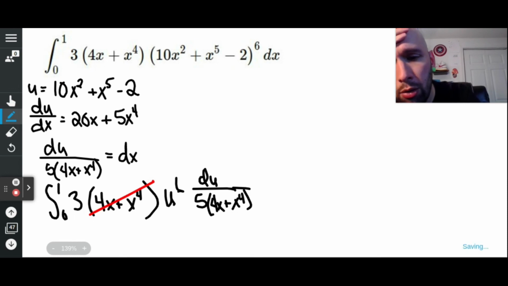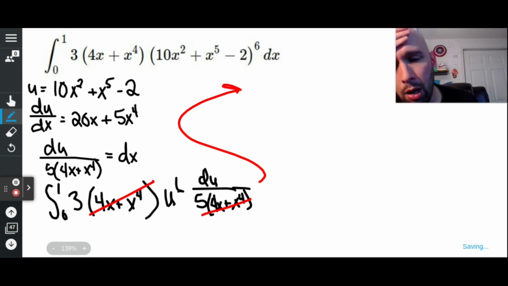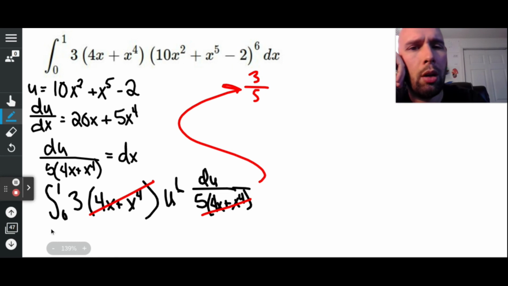Cross u out, cross u out. I'm going to bring a 3 out on top, 5 out on the bottom, 3 on top, 5 on the bottom, integral 0 to 1, u to the 6th du.